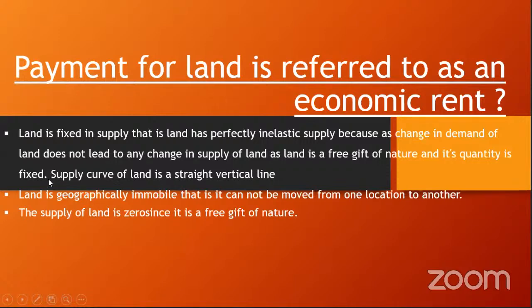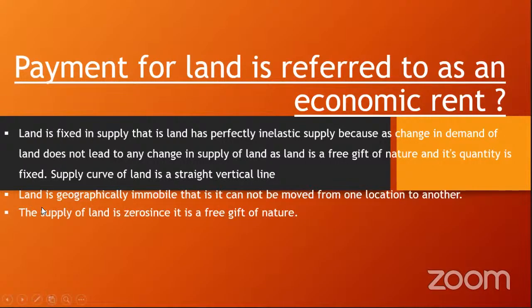Because its quantity is fixed, at first, we know that it is a free gift of nature, making the supply curve of the land a straight vertical line. Am I clear? Yeah. Okay.